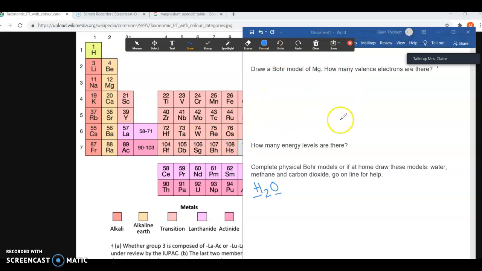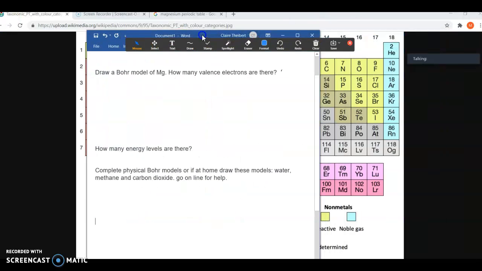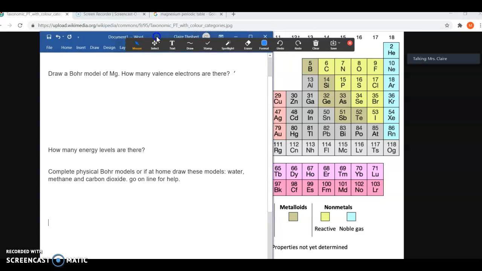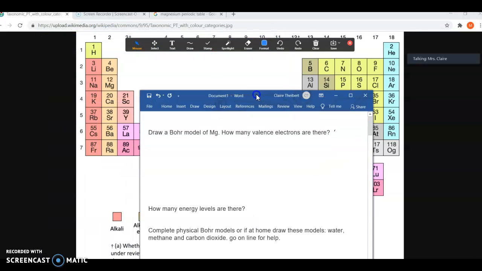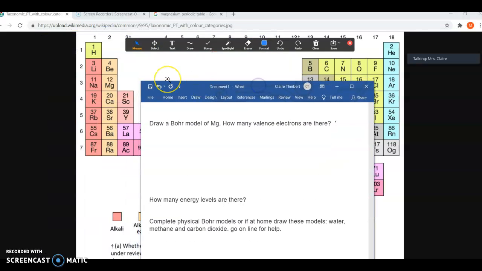And if I can move this over so I can show you, hydrogen's right here and oxygen is right here. So hydrogen is going to be 1 at the very top, so we know it has an atomic number of 1.